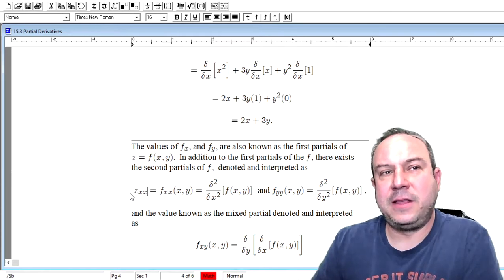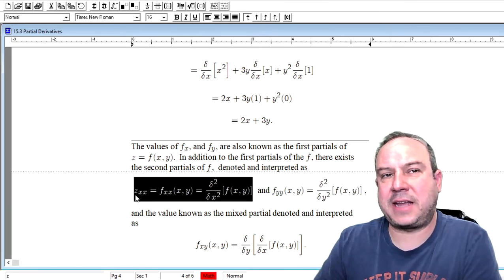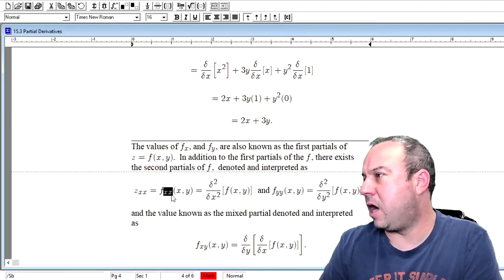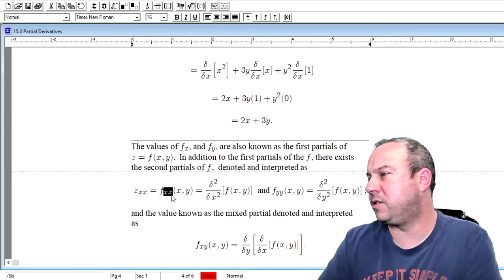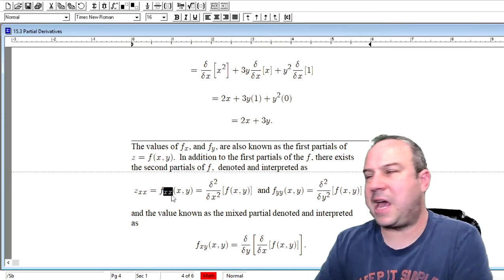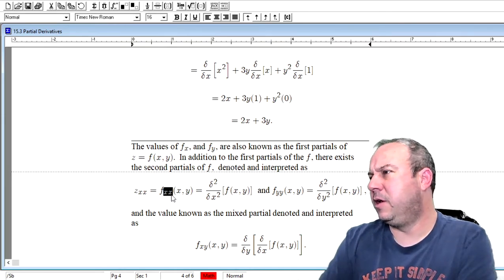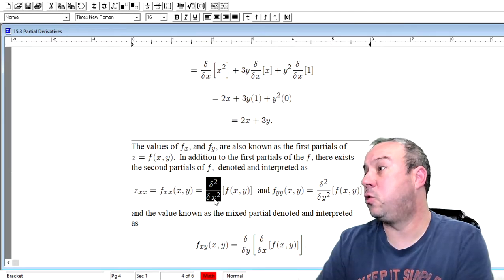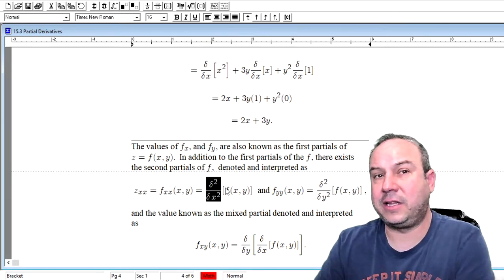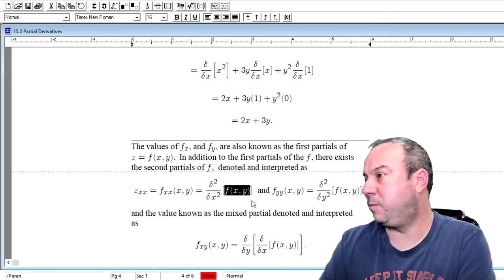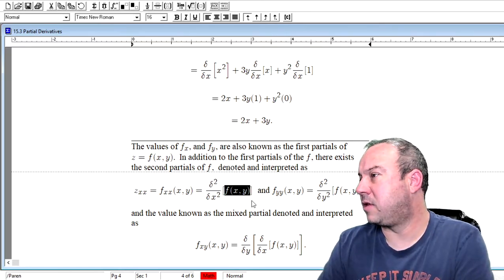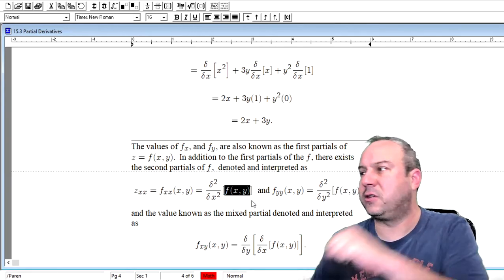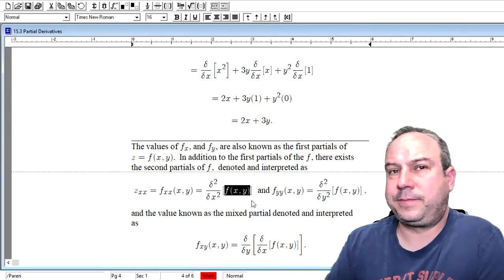This would be our second partial with respect to x, and it's denoted not with a double prime, because prime notation doesn't work for us here. We see this double subscript x. And that means we just take the partial with respect to x twice on our calculation. It's just going to be applied twice on our multivariable function. Once to obtain the first partial, and then applied again on the first partial to obtain the second.